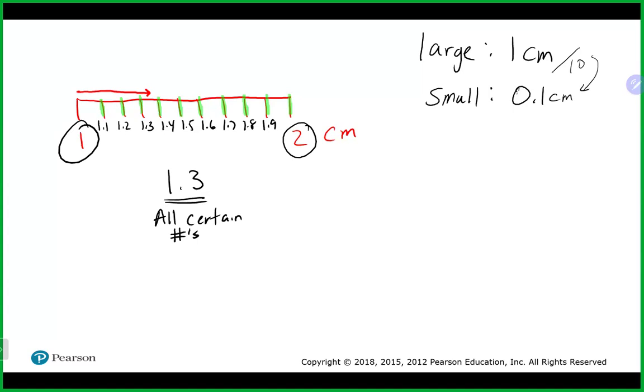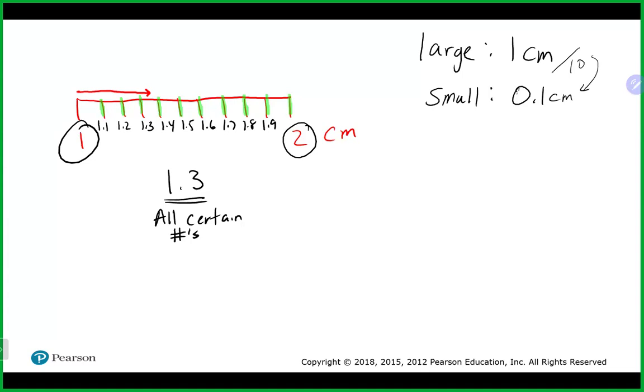The problem is, as you also mentioned, maybe because I'm a bad artist, my arrow is not exactly at 1.3 and not exactly at 1.4. This is where the uncertainty and the estimation come in. I may look at that and think it's halfway between those two spots. Somebody else may think it's nowhere near half, maybe less, and somebody else may say it's closer to 1.4. That's where the uncertainty is.